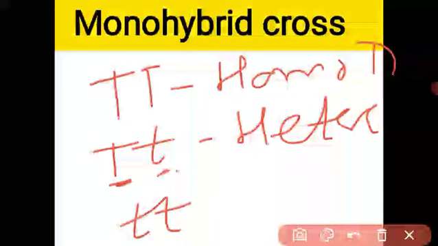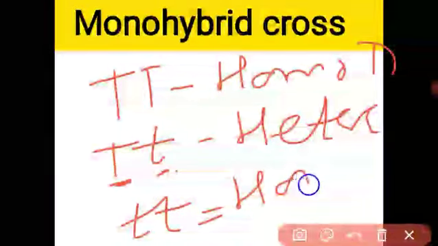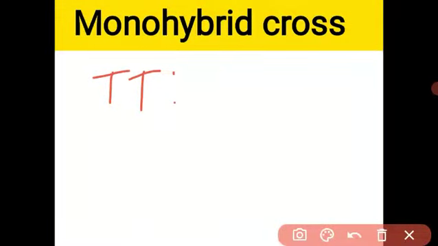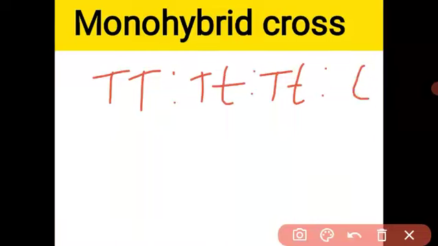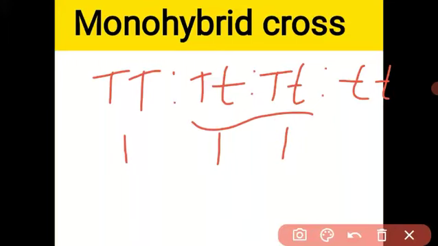And small t, small t is called the homozygous recessive. Got it? And what is the genotype ratio? Capital T capital T, capital T small t, capital T small t, and small t small t. Means 1:2:1.